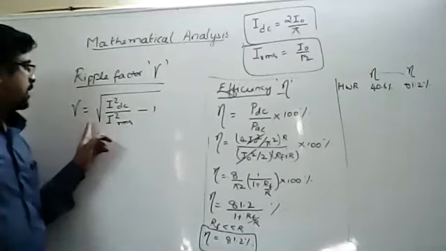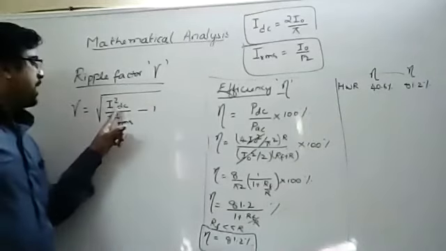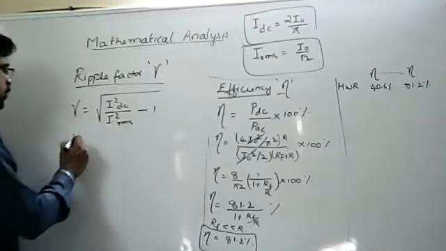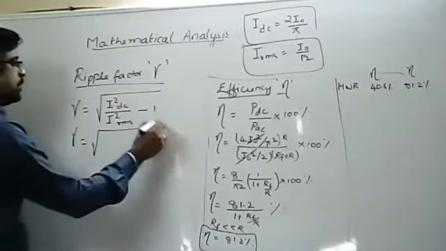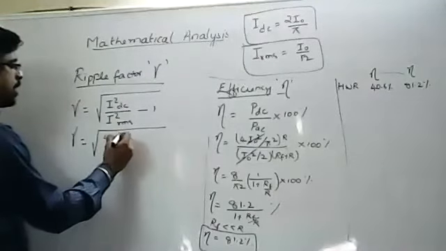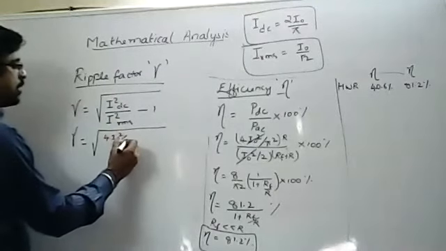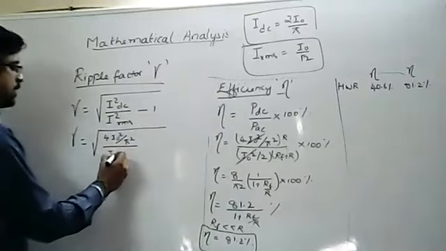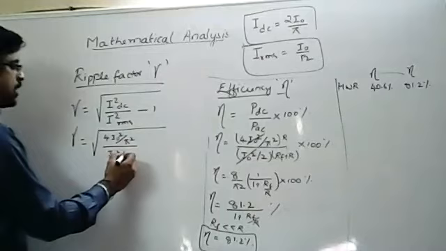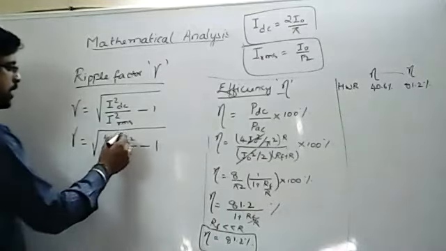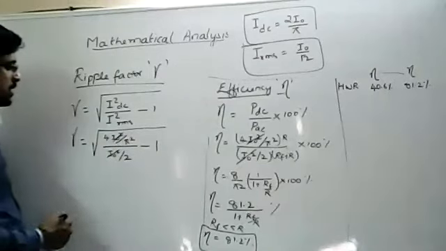So for ripple factor, substitute the value: I square DC, square it, 4 I naught square by pi square, divided by I square RMS, I naught square by 2, minus 1. I naught square gets cancelled.